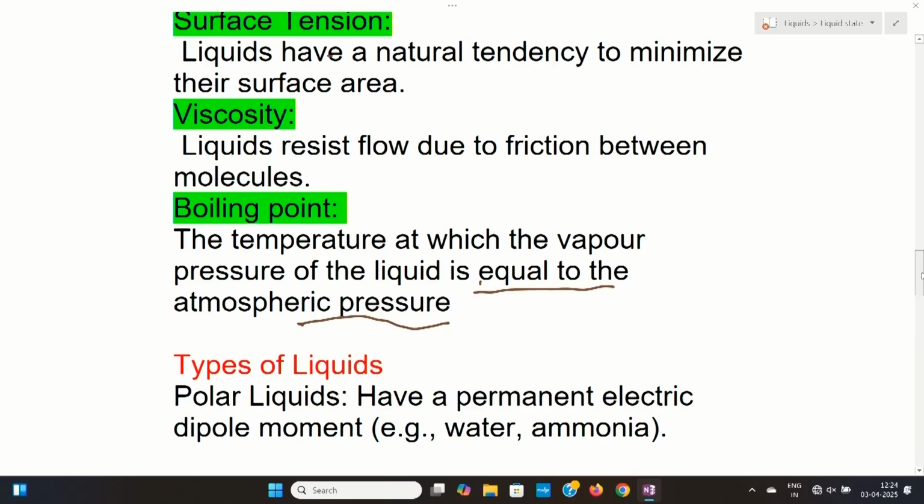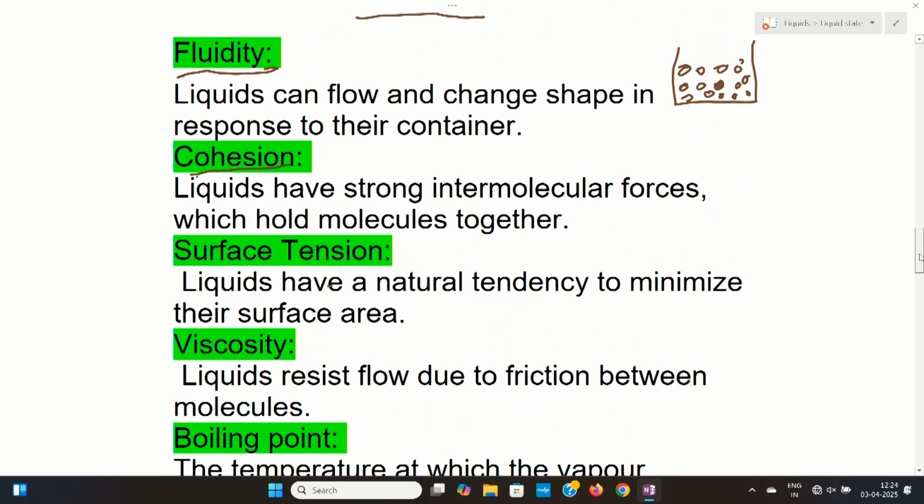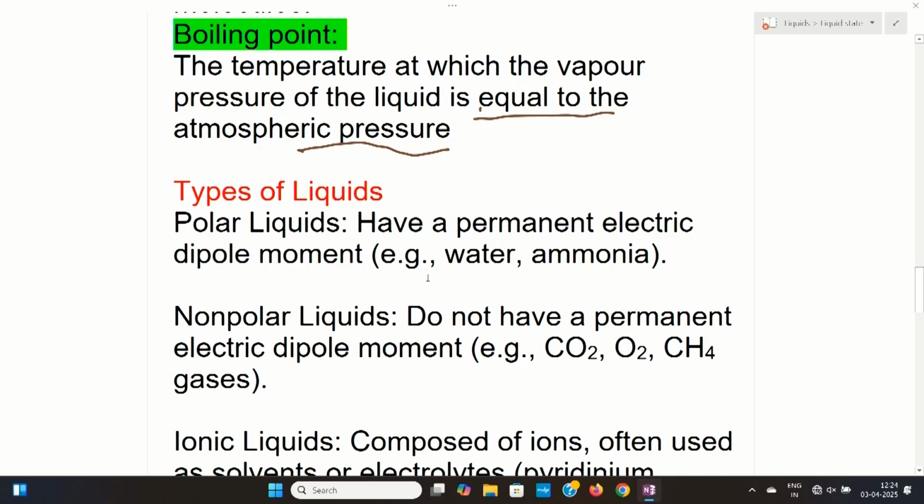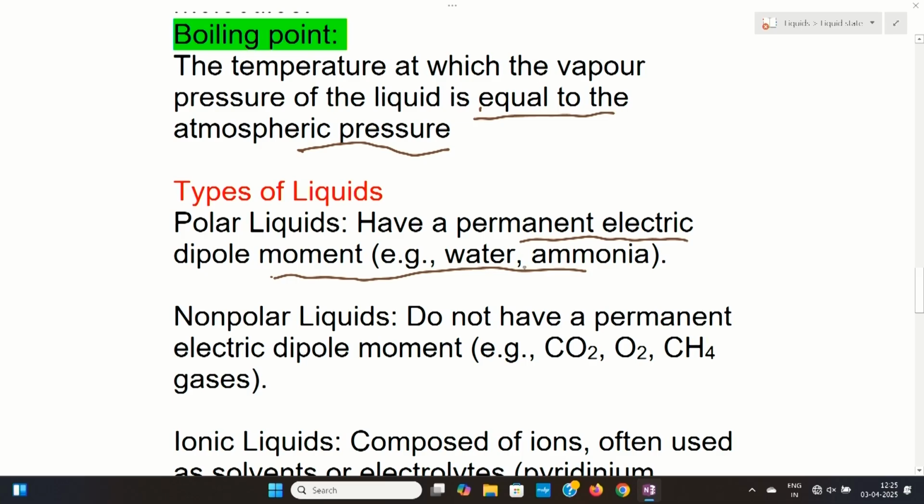If we see these types of liquids in detail, polar liquids have a permanent electric dipole moment. Dipole moment is nothing but the separation of charges. Examples of polar liquids are water and ammonia. Now we will see how water and ammonia become polar liquids.